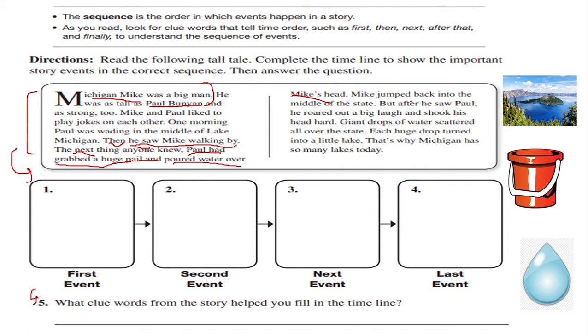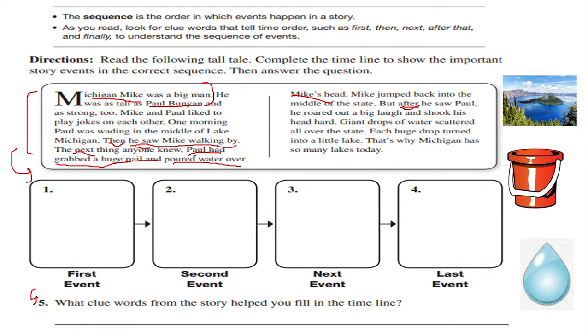Mike jumped back into the middle of the state. But after, again, there is a clue word. When he saw Paul, he roared out a big laugh and shook his head hard. Giant drops of water scattered all over the state.